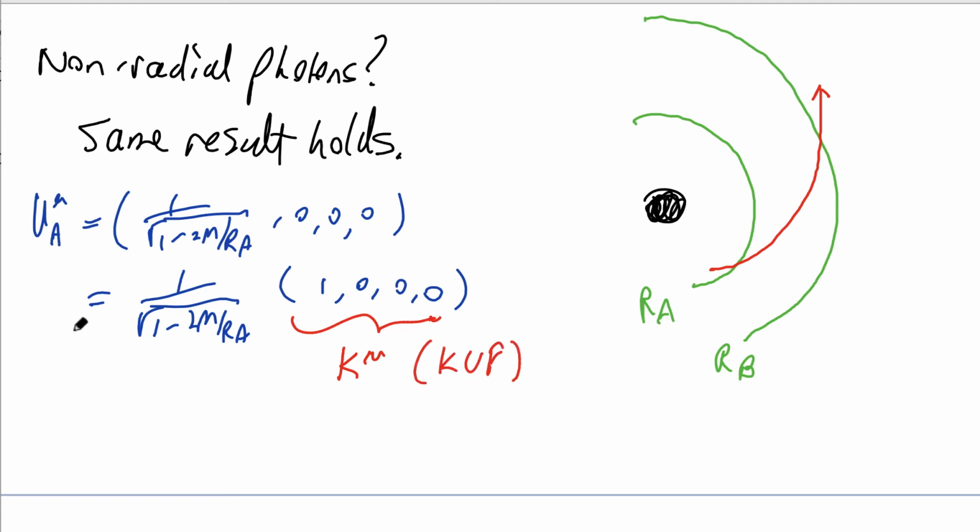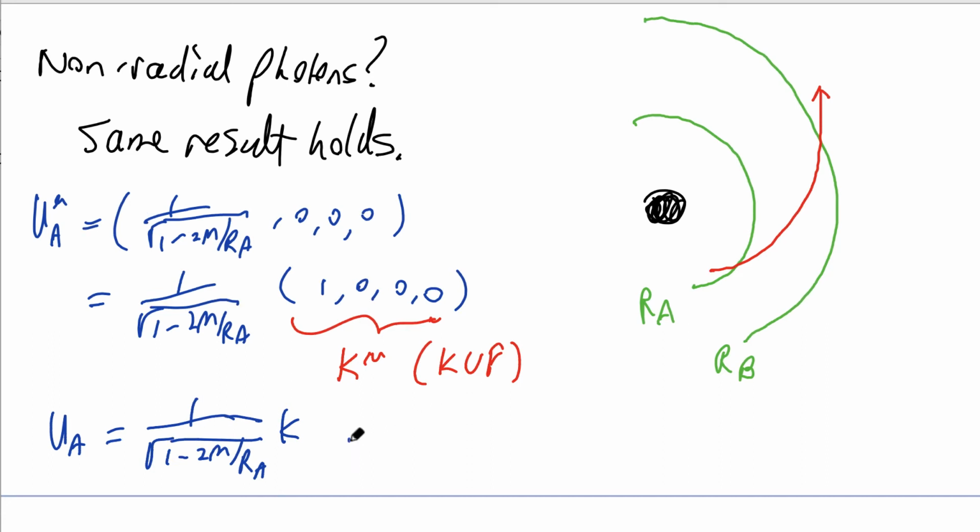So we can write the forward velocity for observer A as this constant, 1 over the square root of 1 minus 2m over r sub A, times the Killing vector field k. And likewise for observer B, we have u sub B is equal to 1 divided by the square root of 1 minus 2m over r sub B times the Killing vector field k.